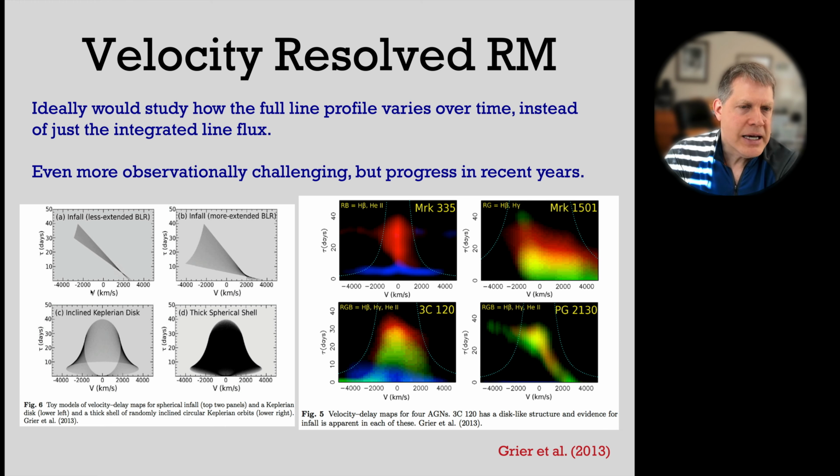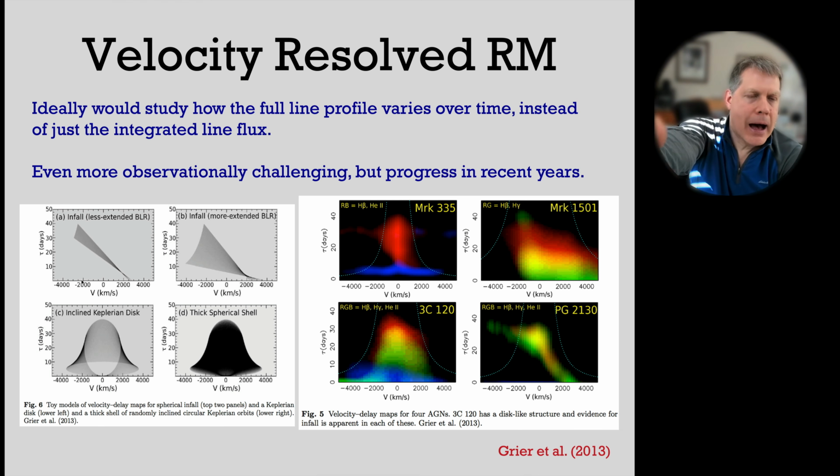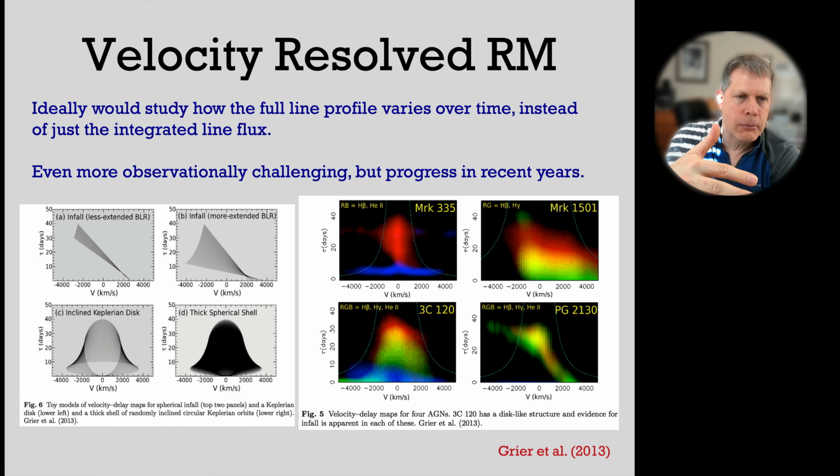So the idea here is that if you have infall going on, the material is flowing inward toward the black hole all around where the black hole is. And so if you look at the gas that is blue shifted, that's going to be the gas back behind the black hole that you observe as being blue shifted as it infalls toward the black hole.